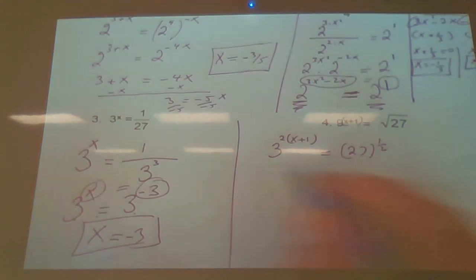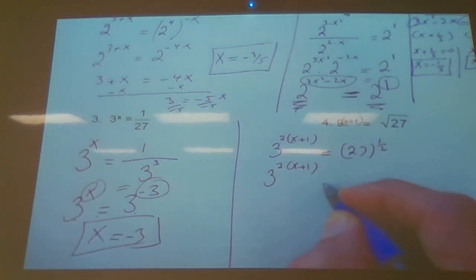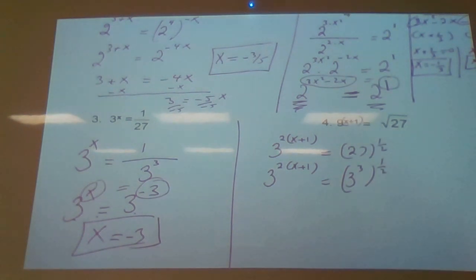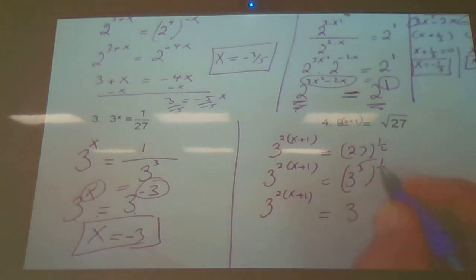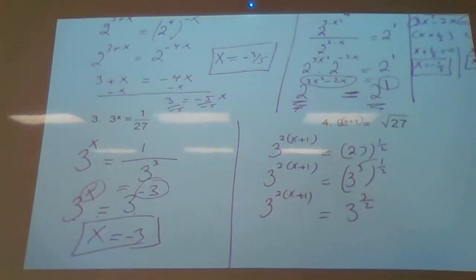Okay. We need to change the 27 into a base 3. That's 3 to the 3 to the half. Multiply. So we have a 3 to the 2 parentheses x plus 1, 3 to the 3 halves.